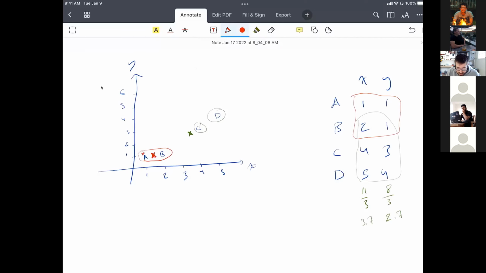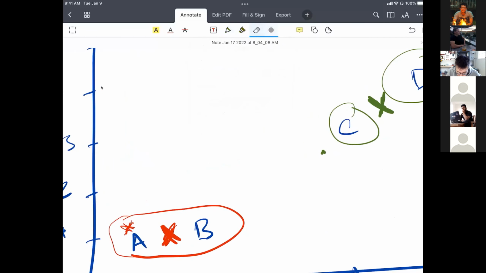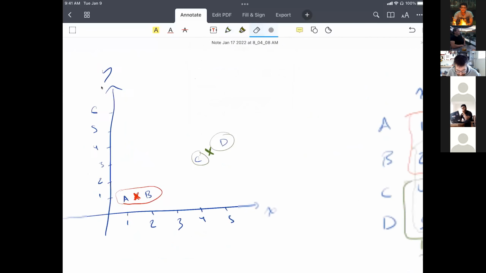And then we have C and D now, which is 9/2, which is 4.5, and 7/2, which is 3.5. So 4.5 and 3.5 is somewhere around here, which also makes total sense. So these are our new centers.